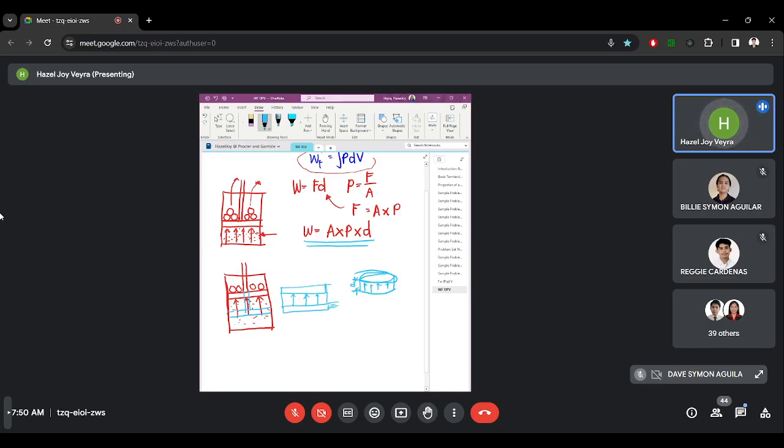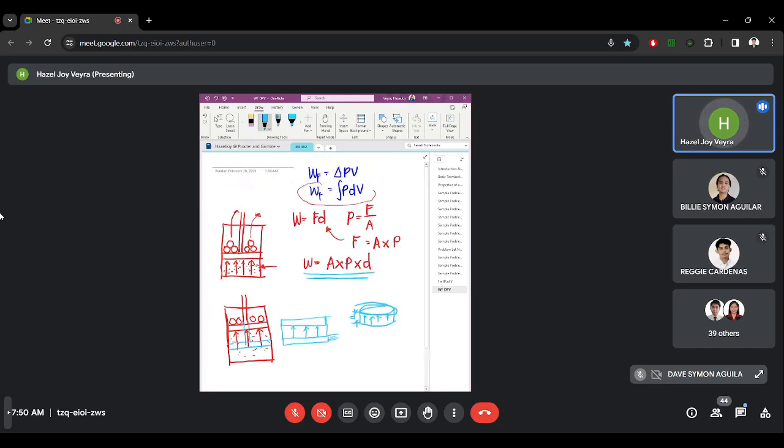Nagets po ng lahat? Kaya nangyari na yung formula natin for workflow or flow work is the change in pressure and volume, or the delta of pressure and volume from the initial state up to the state after the change.